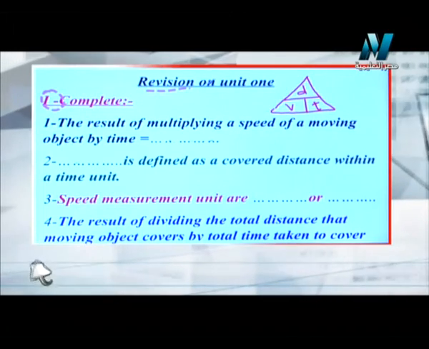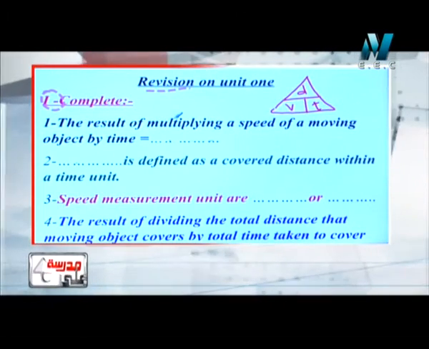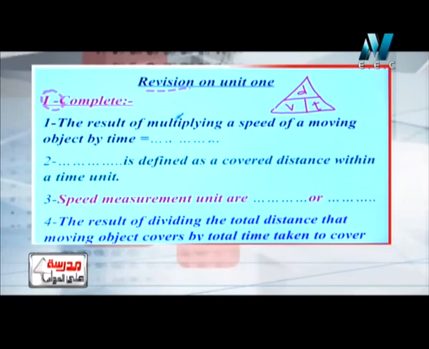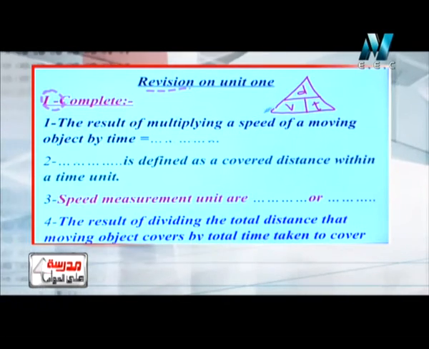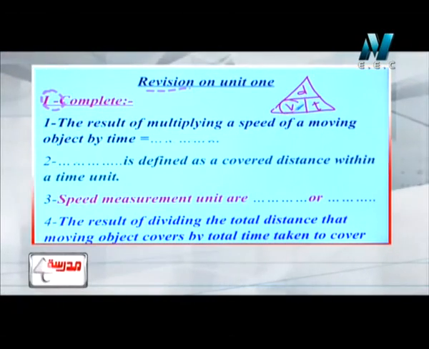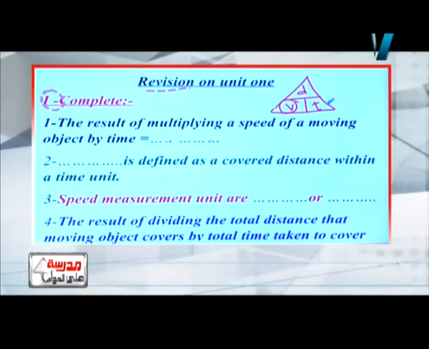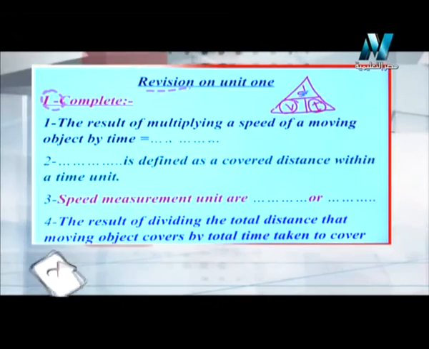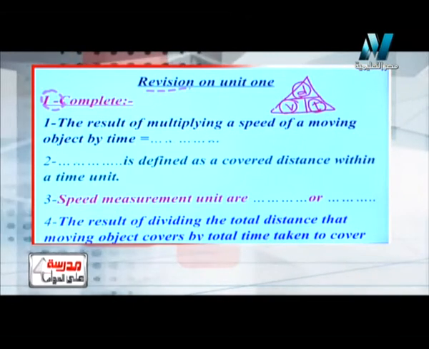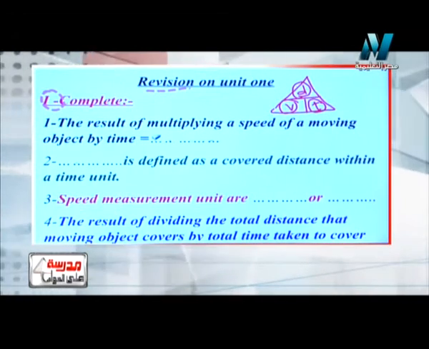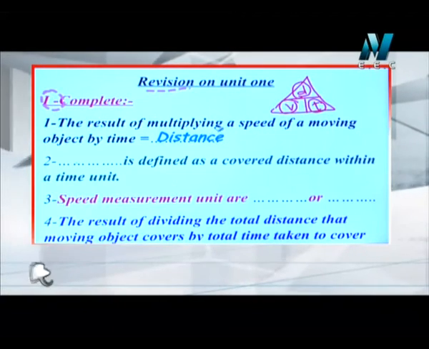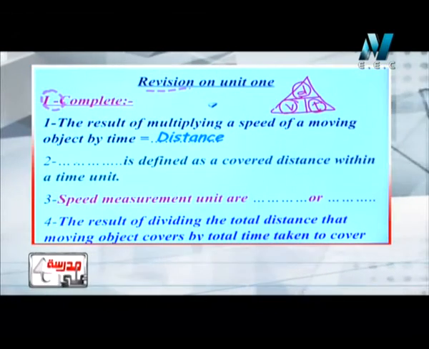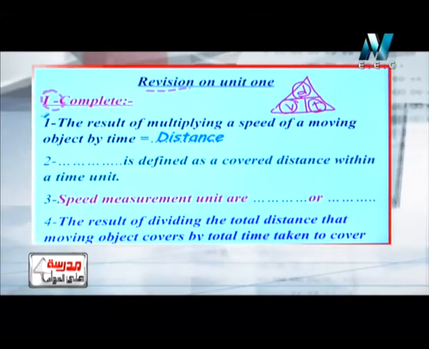From this mathematical relation we can find the multiplication of speed of a moving object by time. If they multiply together we have distance. So the result of multiplying the speed of a moving object by time is distance.